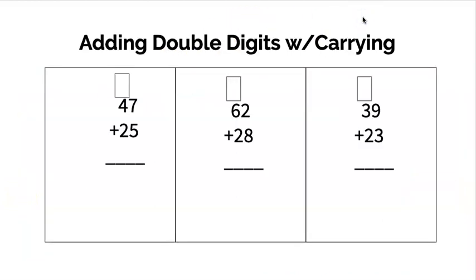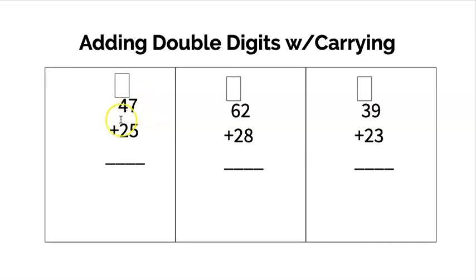All right, now, this is something new. It says adding double digits with carrying. What that means is we're going to have to carry a number up to the tens column to complete it. We always start with the ones, so let's go step by step.